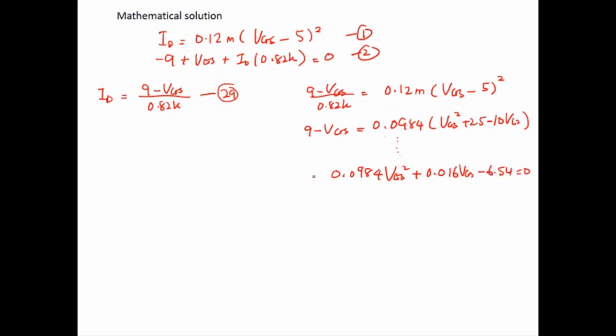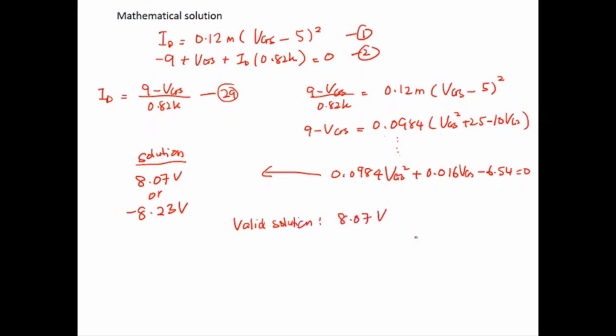When you have this equation, there will be two solutions. The first solution is 8.07 volt, and the second solution is minus 8.23 volt. So which solution is the valid solution? You know the threshold voltage is 5, so the valid solution must be higher than 5. So the valid solution is 8.07 volt.